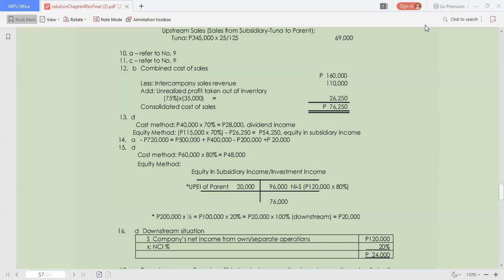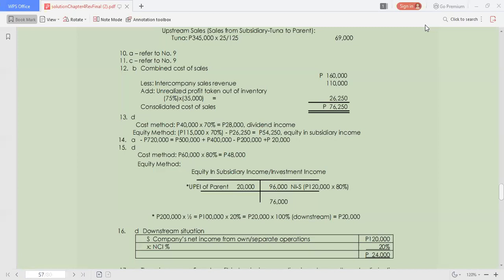So the investment income of DAC by using the cost method, or the cost model. Under the cost method, it's 40,000 multiplied by 70%.